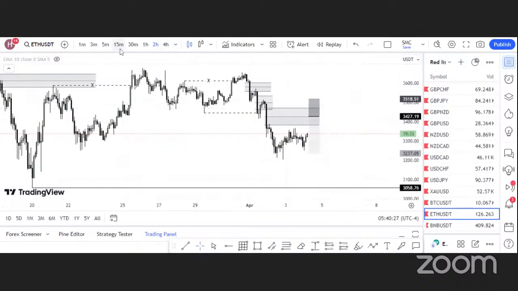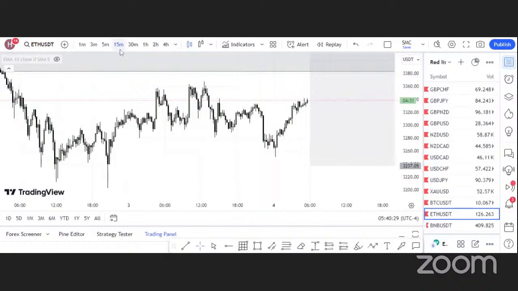All right. So let's go to the lower time frame. Let's see if we can get an opportunity to buy.